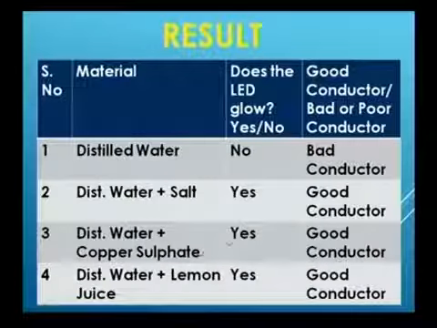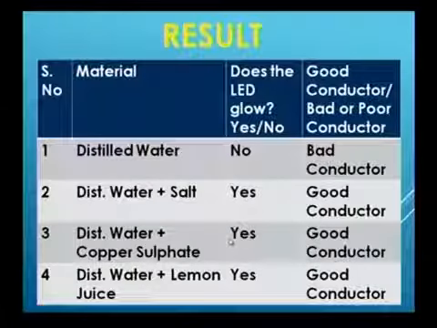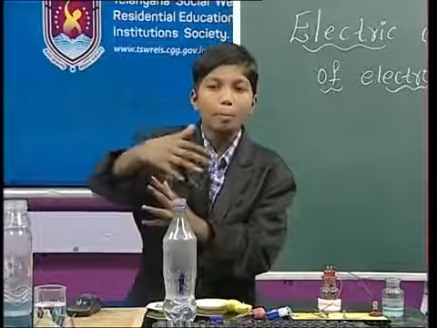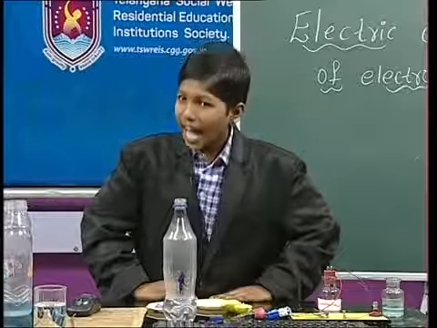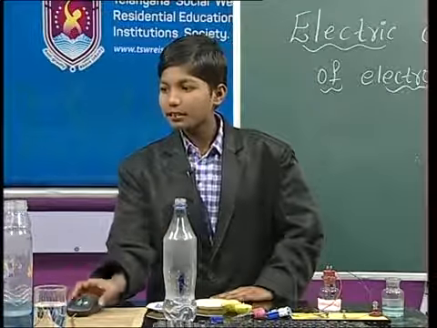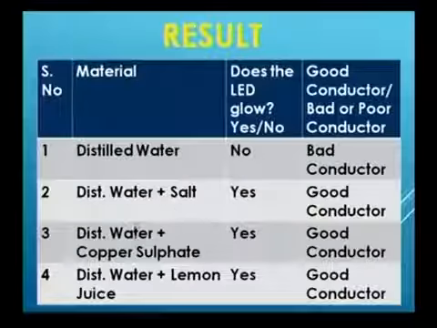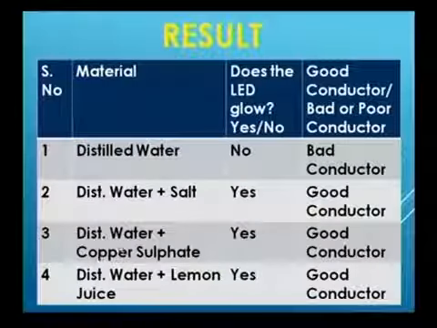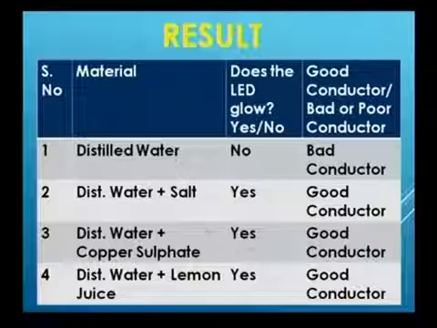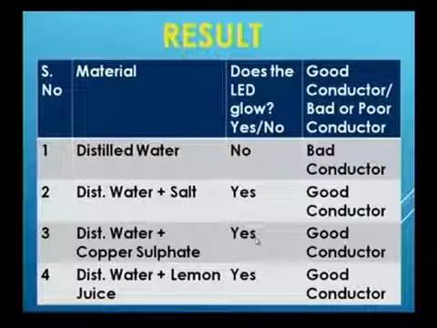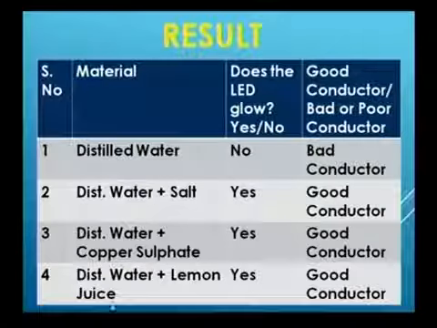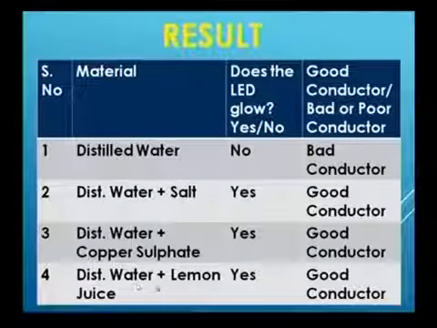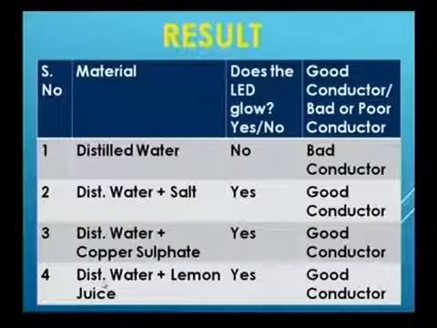So, we say that copper sulfate allows the electricity to pass. So, we say it is a good conductor of electricity. Let us see, friends, yes, our result is matching our PowerPoint, that it is yes and it is a good conductor of electricity. And the next one is distilled water with lemon juice.